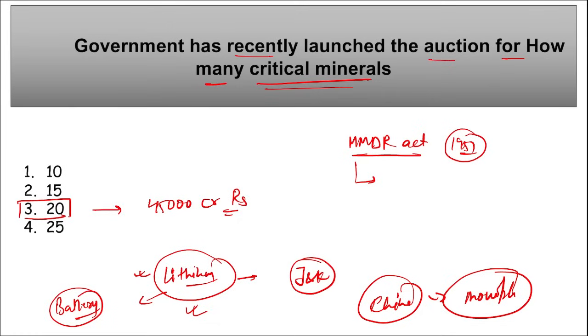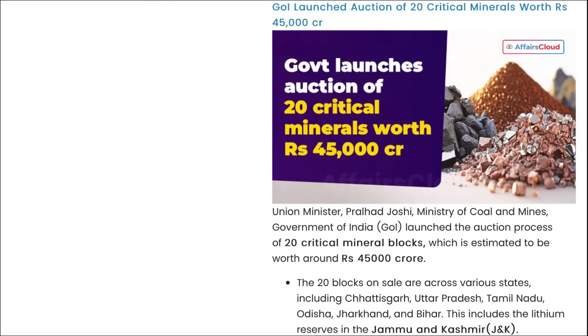Under this act, the government of India provides leasing rights of these mines to businessmen, who then extract the minerals. So the Government of India has launched an auction of 20 minerals worth 45,000 crore rupees, and you can confirm it.